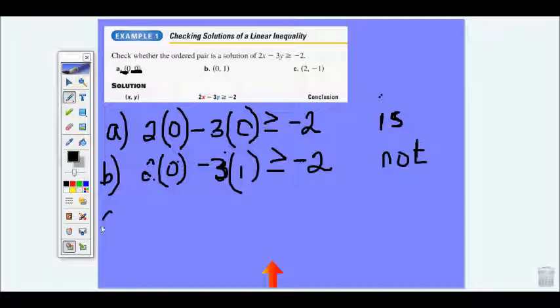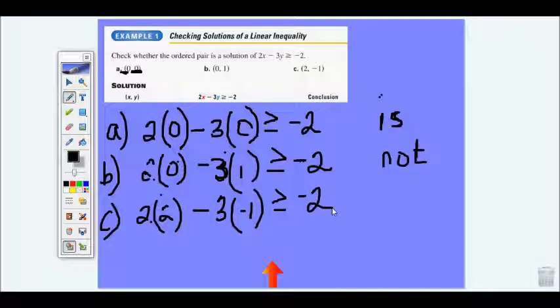And if I look at letter C, I'm going to replace x with 2. I'm going to replace y with negative 1. Be careful, there's those negatives. I'll even write this one out. 2 times 2 is 4.